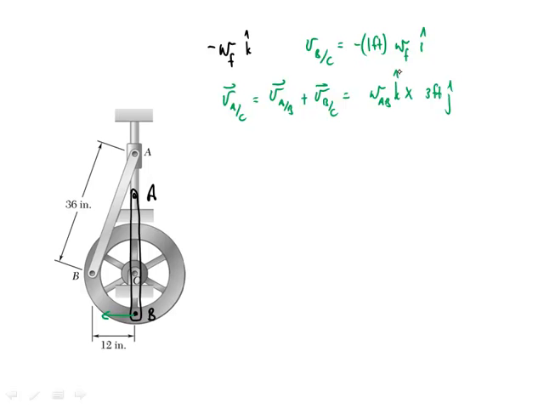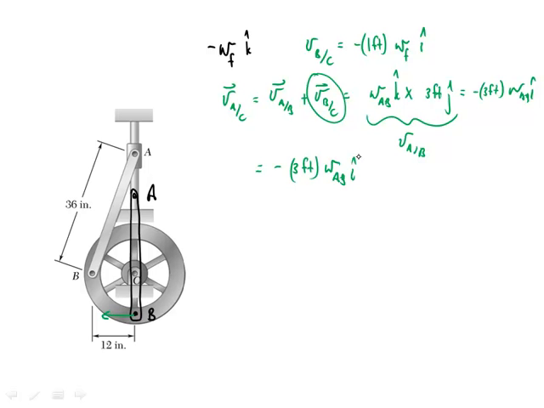Omega AB we'll assume is in the positive k hat direction. k cross j is minus i, so this will be minus 3 feet times omega AB in the i hat direction. Now this term here is just the velocity of A with respect to B. So I have to add into that the velocity of B with respect to C. And so I'm going to get minus 3 feet omega AB in the i hat direction plus the velocity of B with respect to C, which is minus 1 foot times omega of the flywheel in the i hat direction.